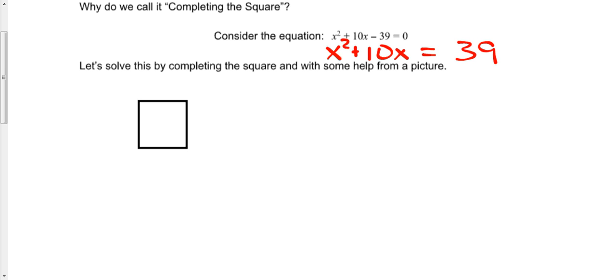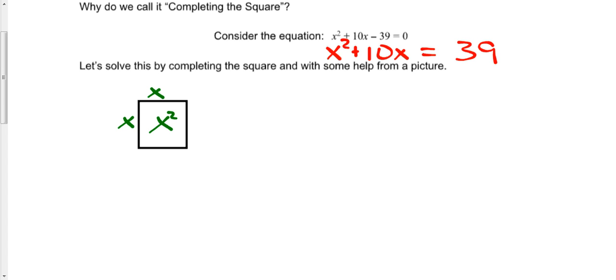When I say x squared, why don't I just say x to the second power? Because x squared is a representation of a square with side length x. The area of the square with side length x is x squared. That's why I call it squared, okay?